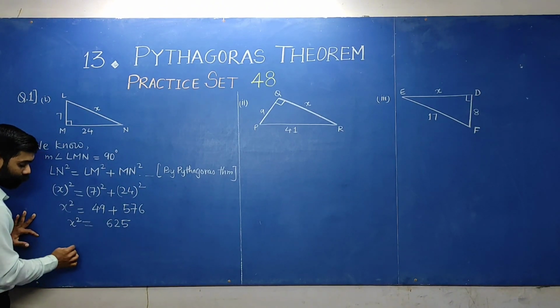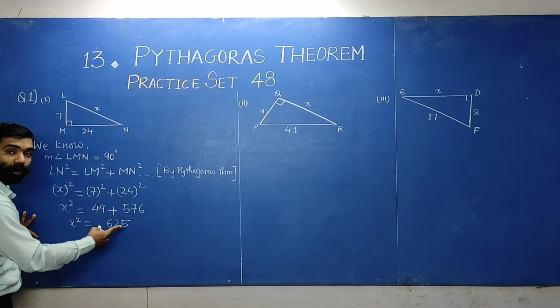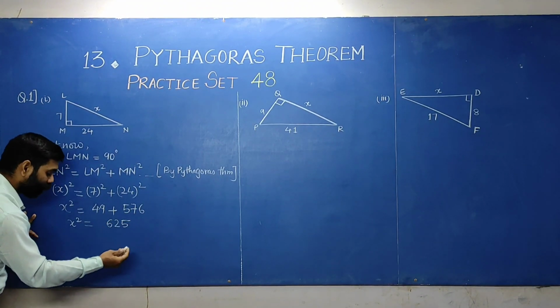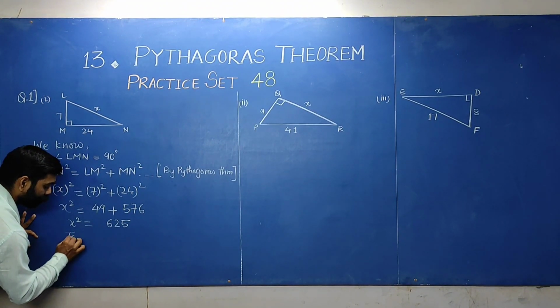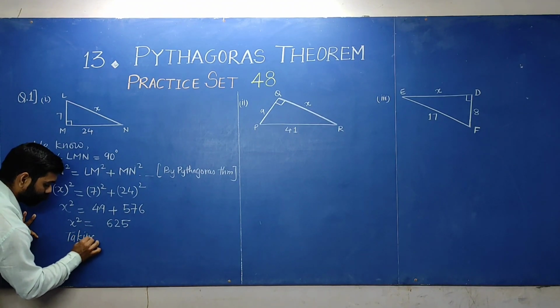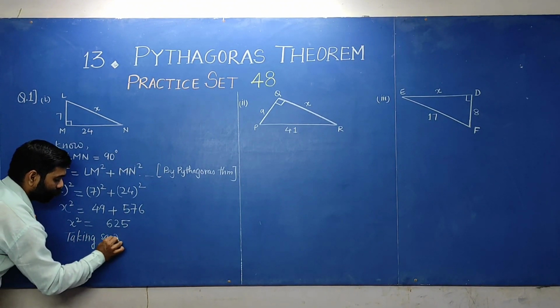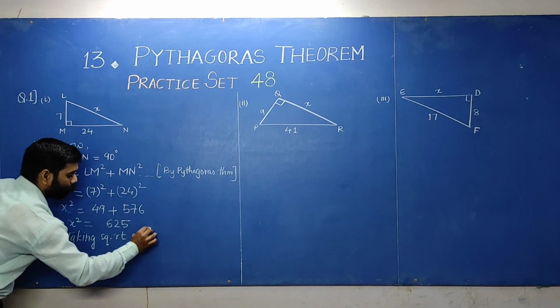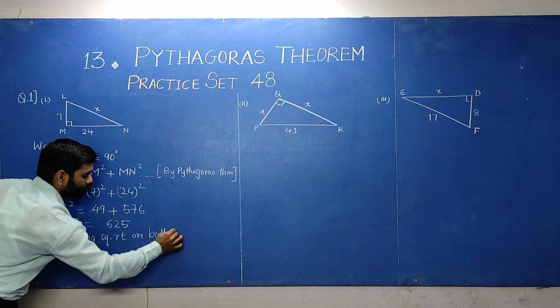Now taking square root on both sides, we will get the value of x.